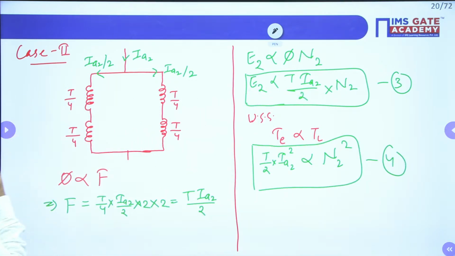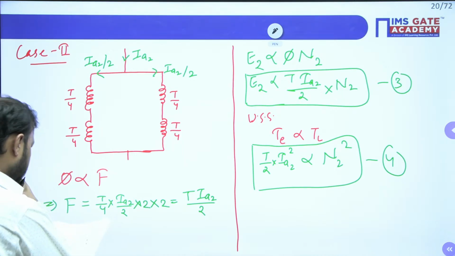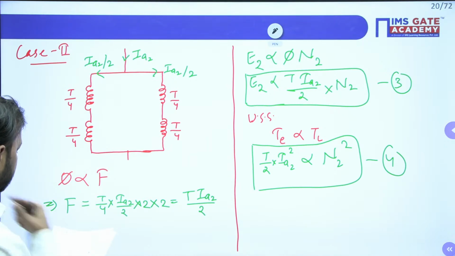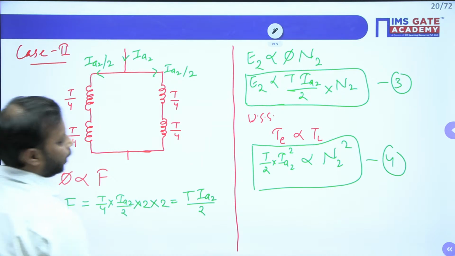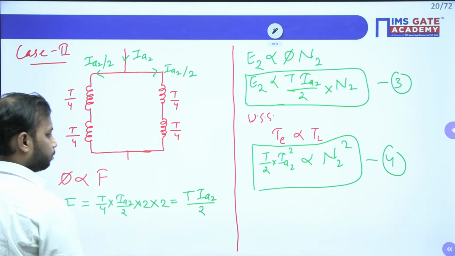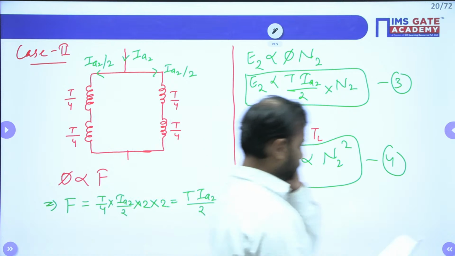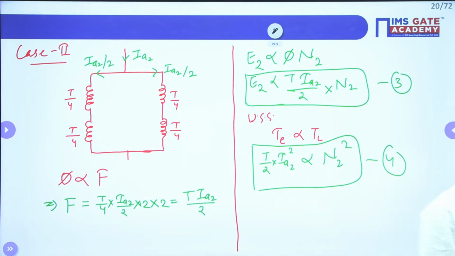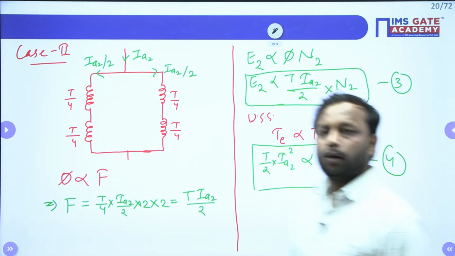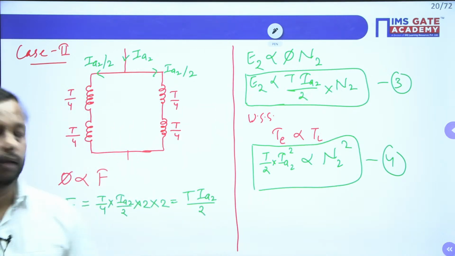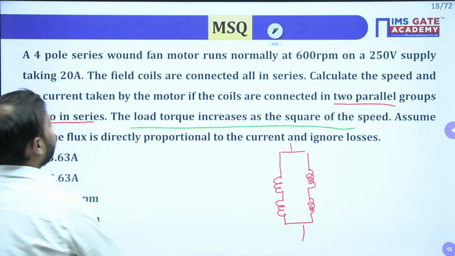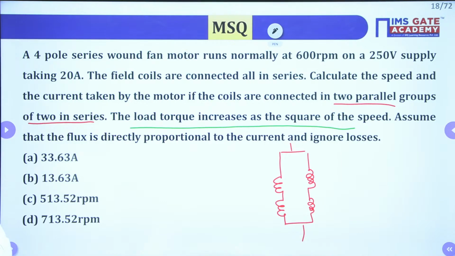So how to calculate the current, as well as the part that we need to consider. All right. Now see here. Do we have any information regarding armature resistance?